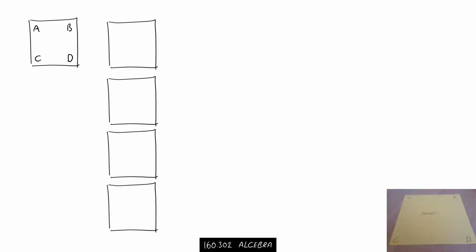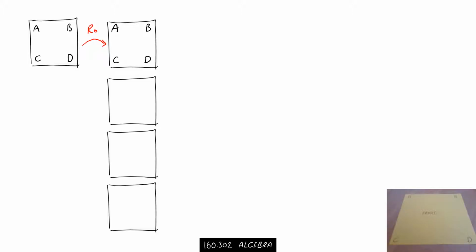Okay, so the most basic one is what we call the do nothing operation. Okay, and I'm going to call it R0 to stand for a rotation of 0 degrees. Okay, so A, B, C, and D just get left exactly where they are.